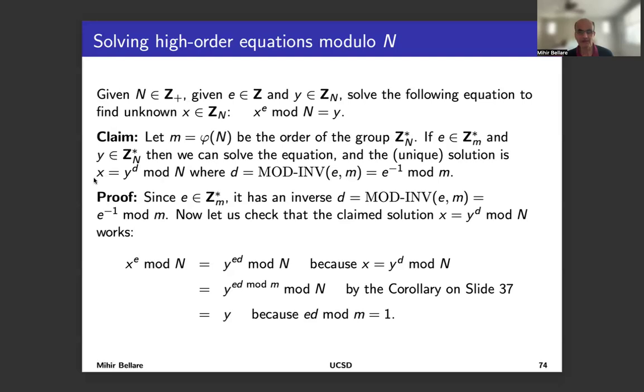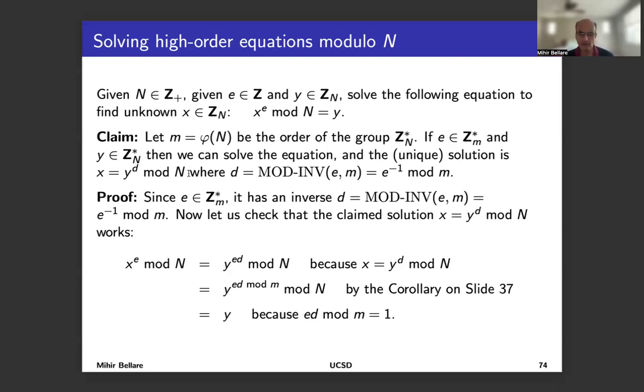And I claim now that the solution is simply raise the y over here to this power d that we just discovered, and you do that modulo the original n over here. So this is complicated because I'm computing d modulo the group order, and then going back to another mod, which is modulo the original n. So there are two mods modulo different things going on.